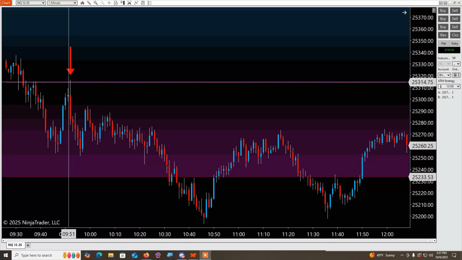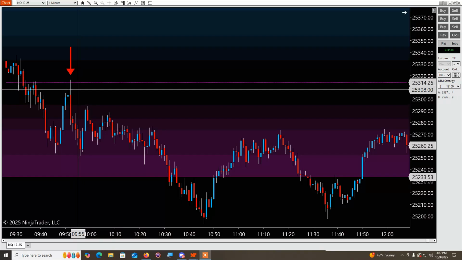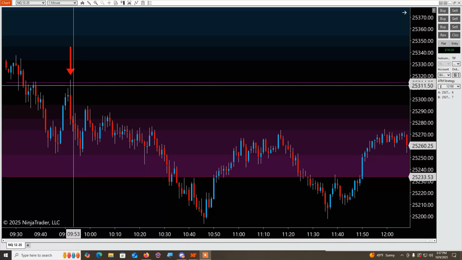So when this happened, I not only took the trade, but I actually copied that trade onto 2 other accounts. I only copy when I am very confident that a particular move is going to take place.